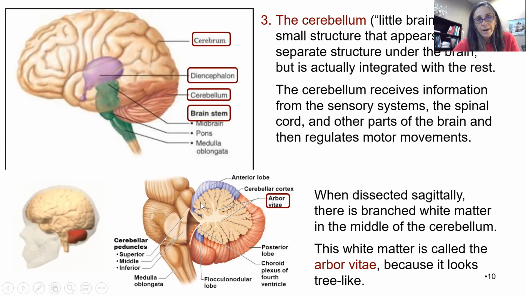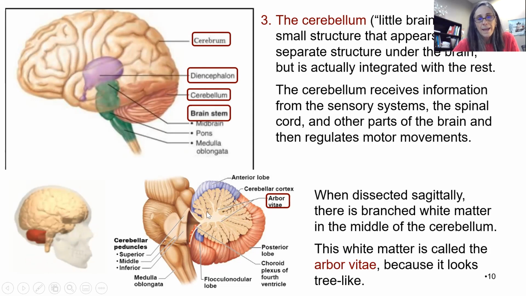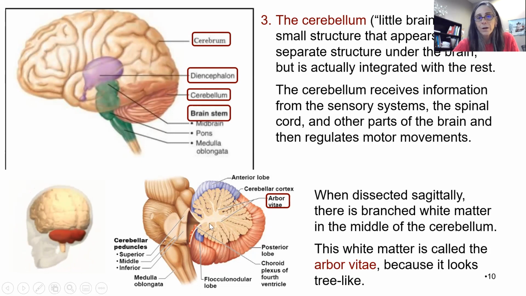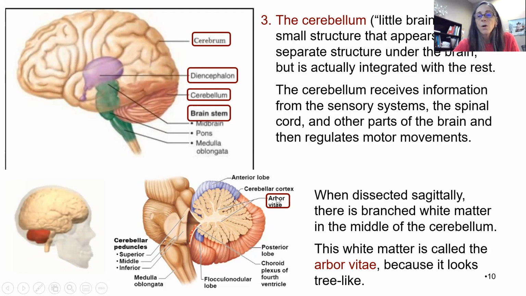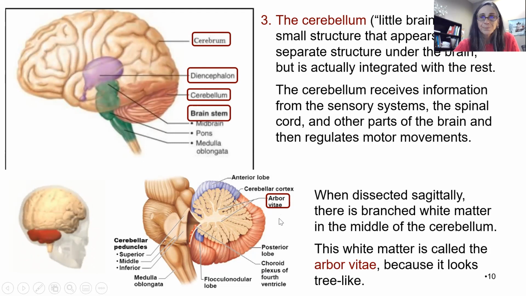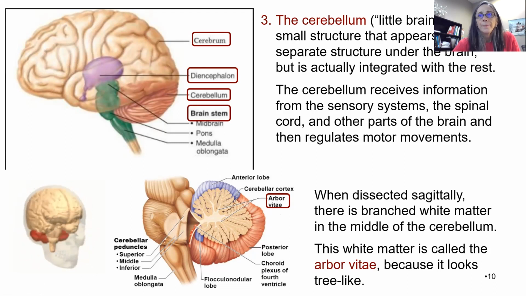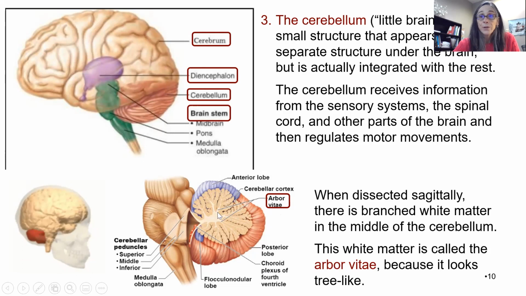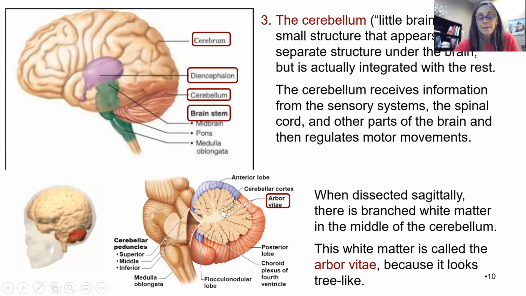So you have a cortex of gray matter and an inner portion that branches into it, that's white matter. That white matter is called arbor vitae, which pretty much means the tree of life. Again, it's convoluted, meaning that it has increased surface area because of the rises and the depressions.